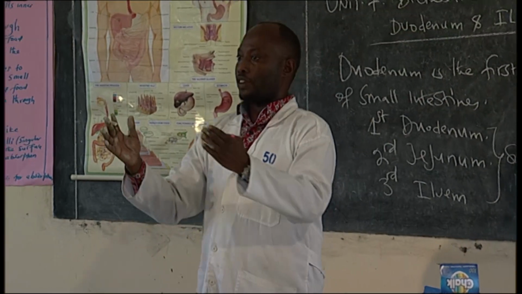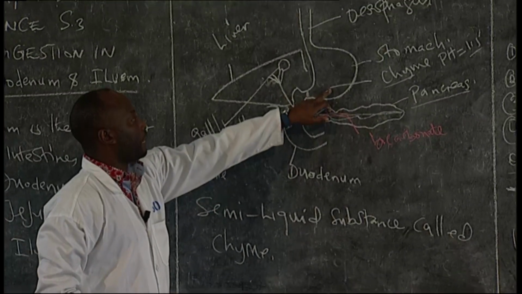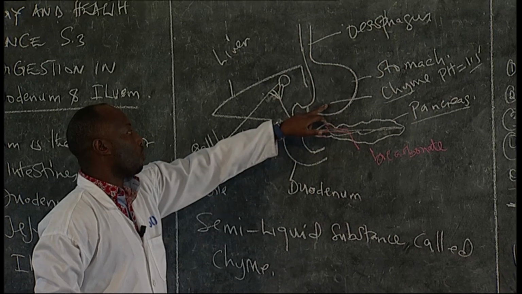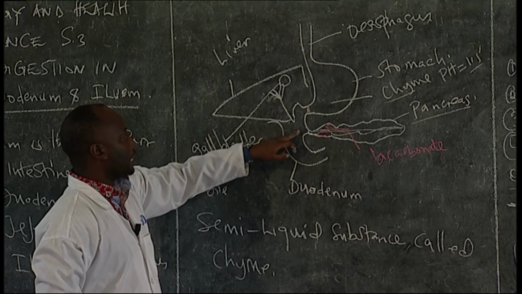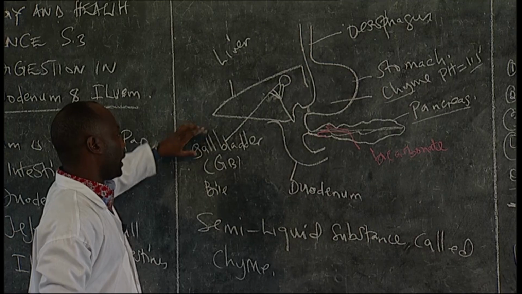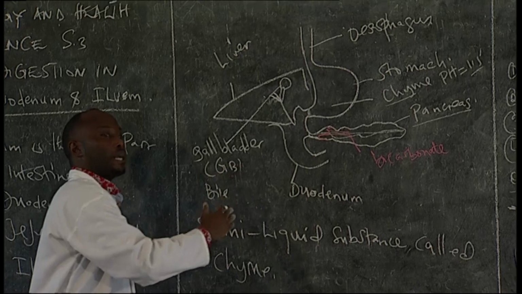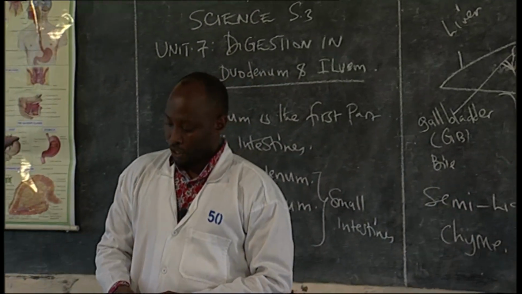Once these fats found in the chyme are released, they have to be broken down into small molecules so they can dissolve in water, and that is normally done by the gallbladder, which releases the bile. The GB, the gallbladder, releases the bile, and bile plays a very important function in emulsification of fats.